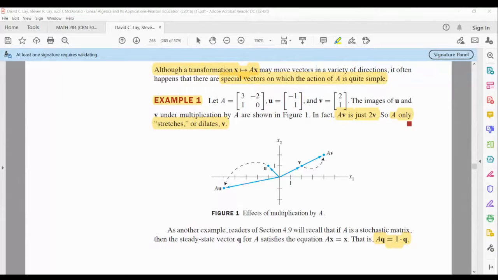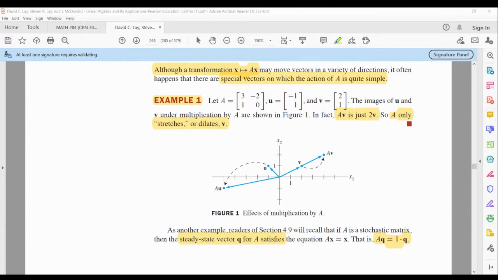If A is a stochastic matrix, the steady state vector q for A satisfies the equation Ax equals x. In other words, A times q equals 1 times q. So the steady state vector q is actually an eigenvector of the matrix A, corresponding to an eigenvalue of lambda equals 1.